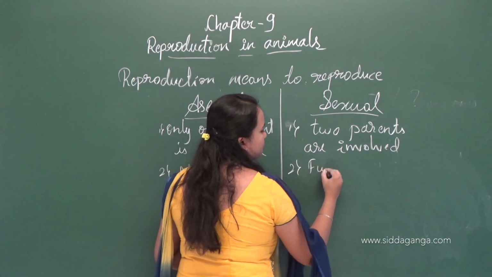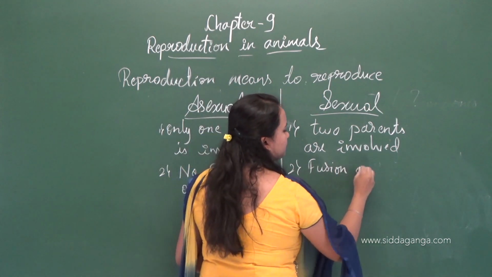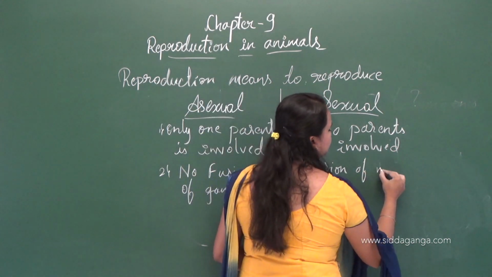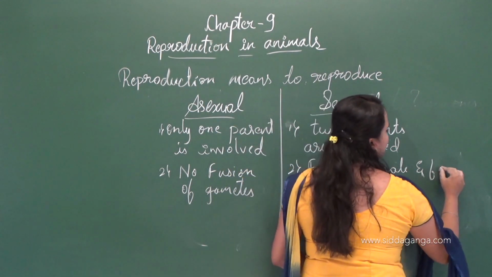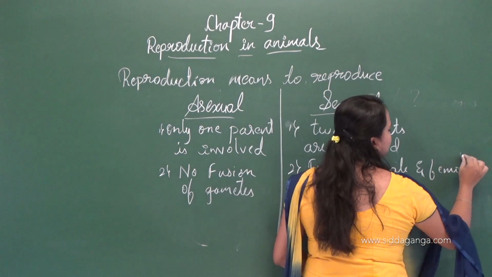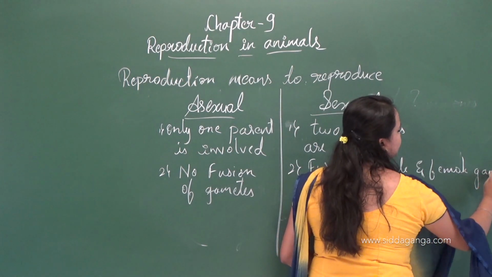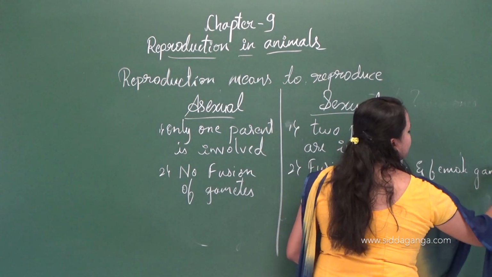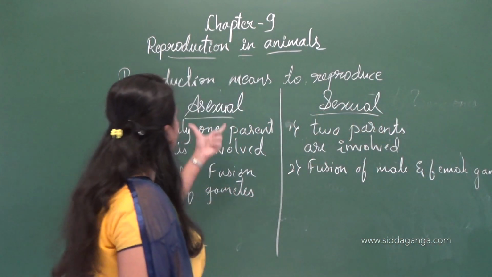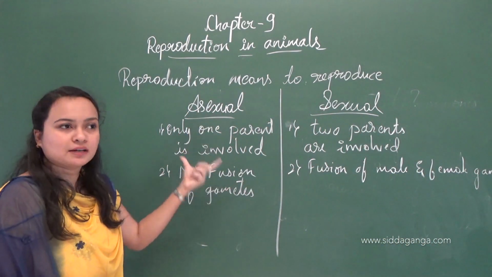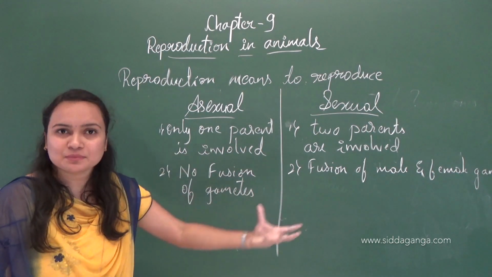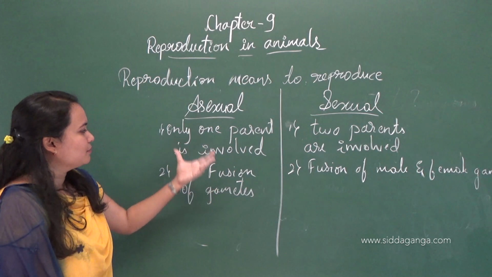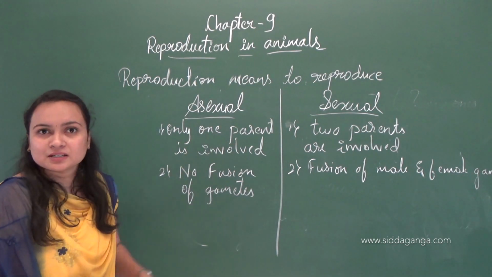But in sexual reproduction there is the fusion of male and female gametes. And asexual reproduction will lead to very similar individuals, because there is only one parent involved.